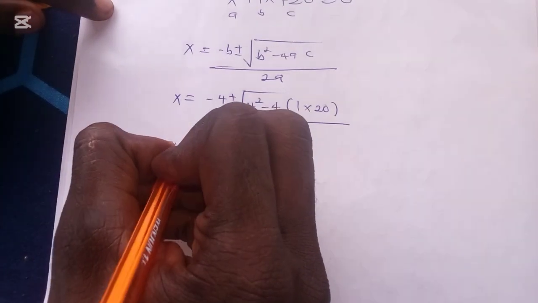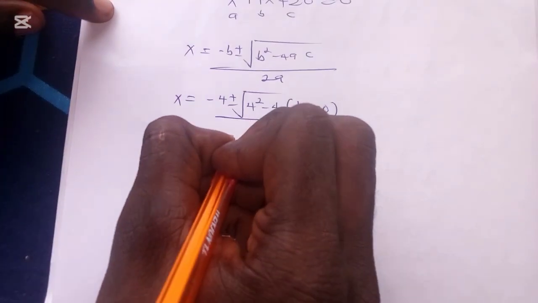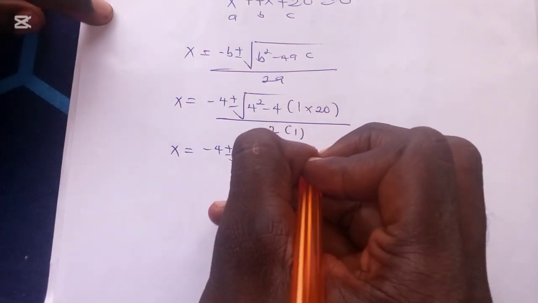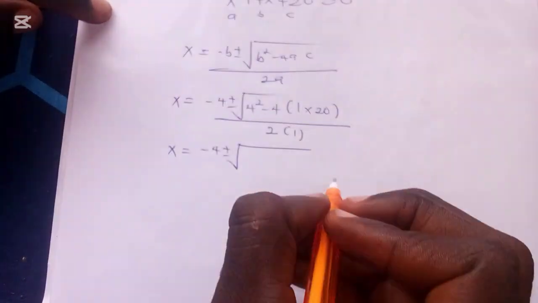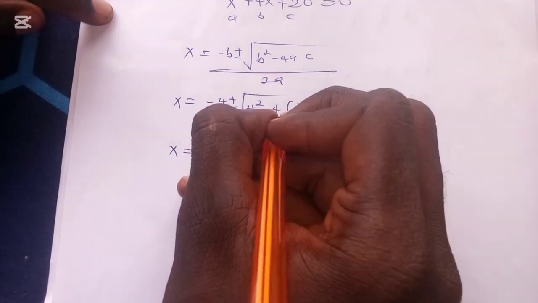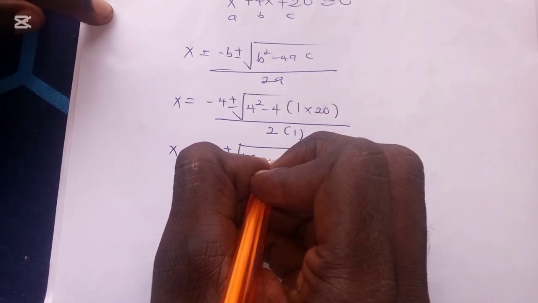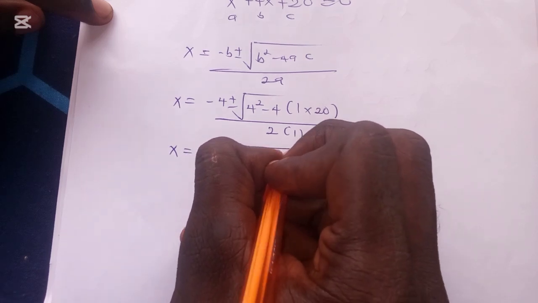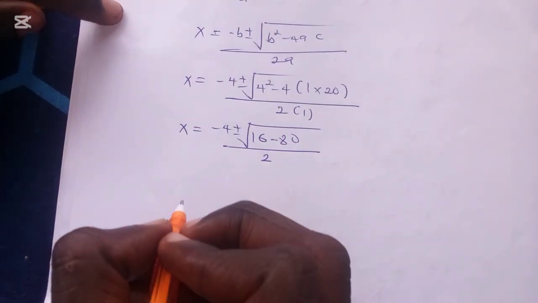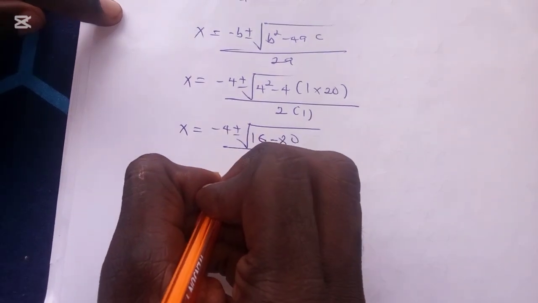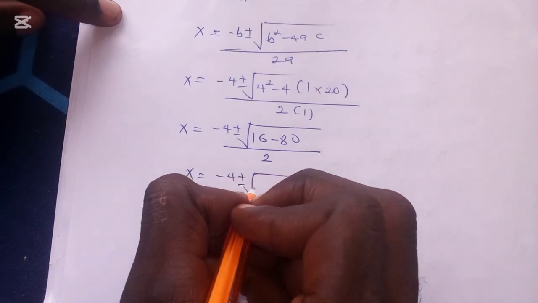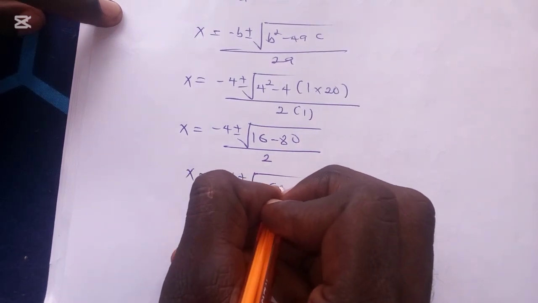Now we say x now becomes minus 4 plus or minus the square root of, and 4 square we know it is 16, minus 4 times 1 times 20 giving you 80, right? Then everything becomes 2. It continues. Then x now becomes minus 4 plus or minus the square root of 16 minus 80, it is minus 64.